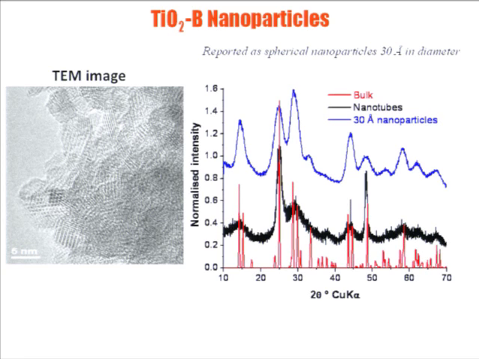And the diffraction pattern looks like this. So once again, it's the same phase as the nanotubes, and this is the diffraction pattern from the bulk. As you can see, the broadening here is not as anisotropic as in the case of the tubes, but nevertheless it is still there.